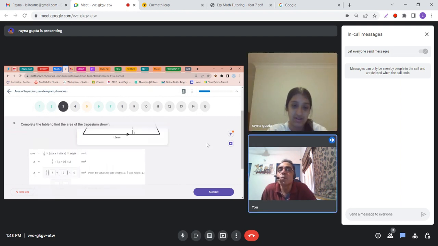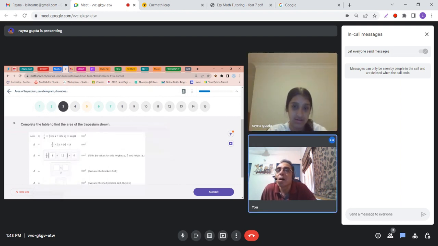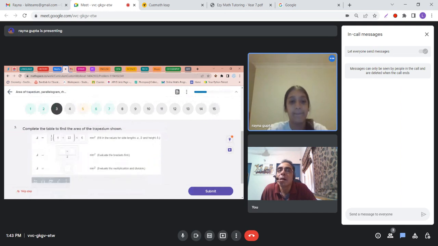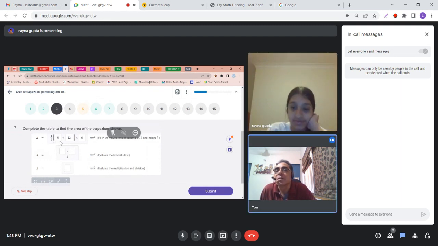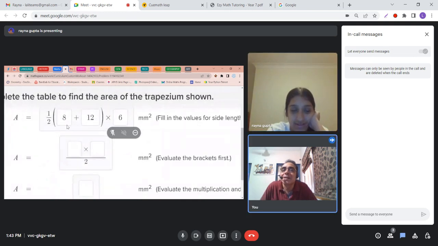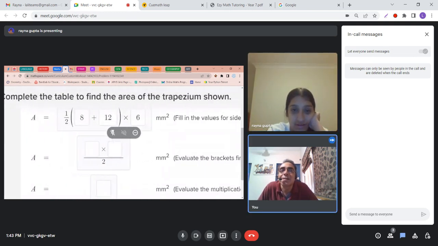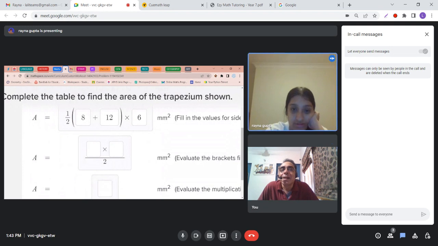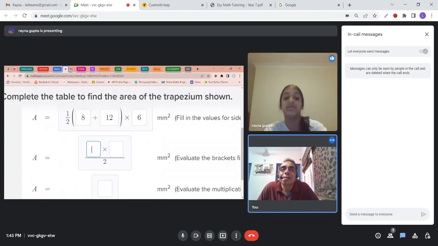You need to zoom in a bit. Yeah, this one. That is half times 8 plus 12. No, no, this one. Okay, how much is 8 plus 12? See, you just need to solve it. 20.